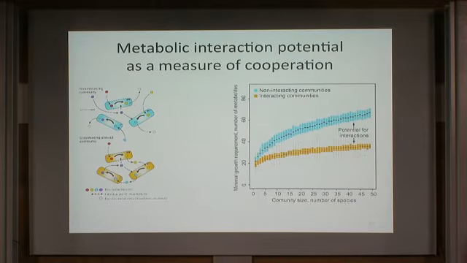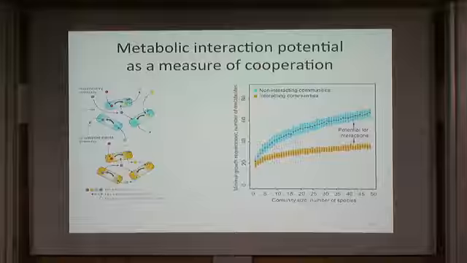Yeah. So the idea is that imagine you have two species, and one can synthesize something that another one can take up, and vice versa. And if they have a third metabolite which is needed for both of them, if they were not cooperating, you would need two metabolites for each of them to grow.